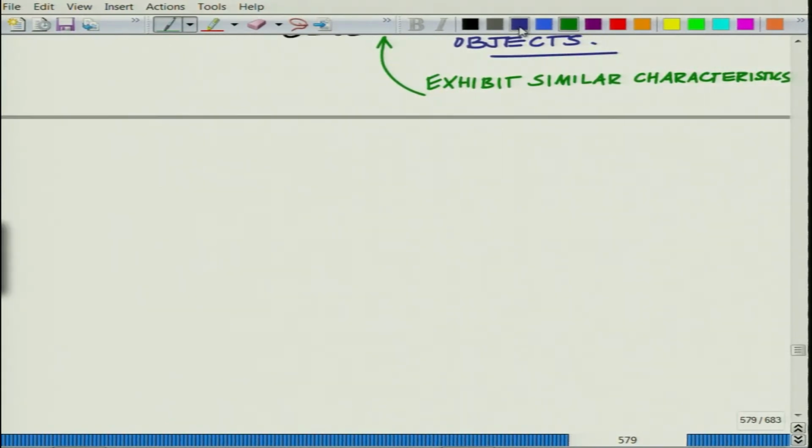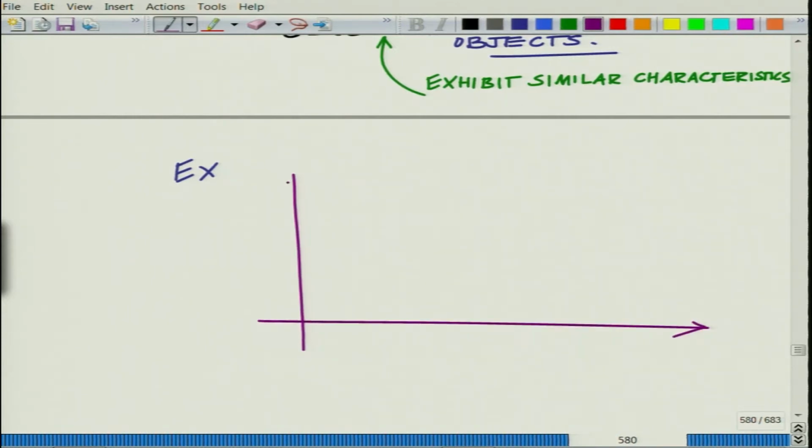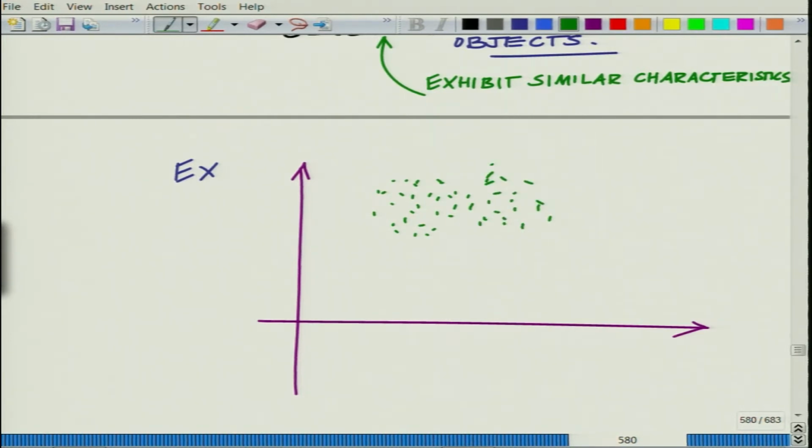Now, for instance, you can visualize this as the following diagram. Let us say you have space and then you have points lying as such, and these are, let us say, your points, and then you can extract some kind of meaningful clusters from this.